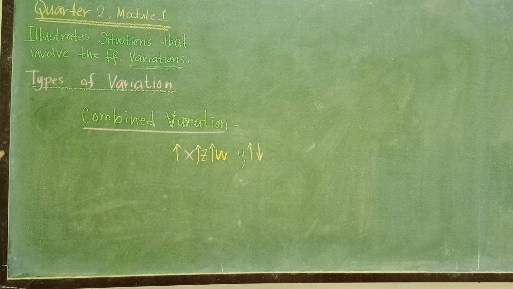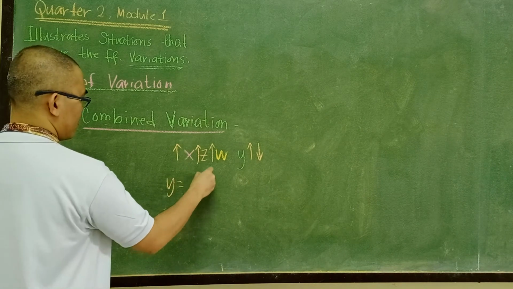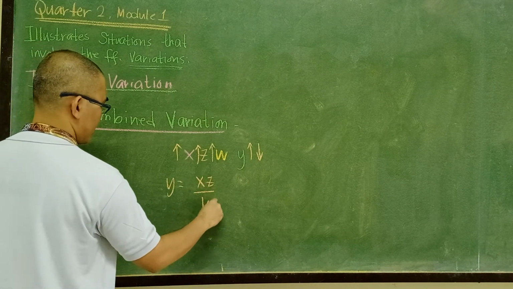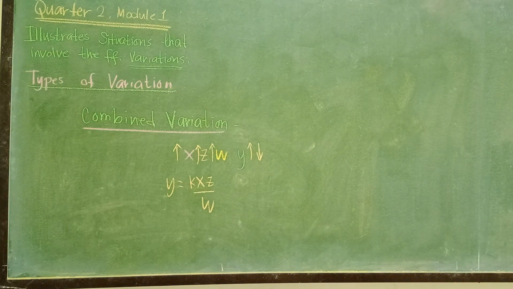So kung isusulat ko yan in an equation form, ganito yung itsura niya. So kung titingnan natin, y is equal to k times x and z over w. So yung k doon, i-discuss natin sa future lesson. Yung k is tinatawag na constant of variation. So ganyan siya sinusulat.